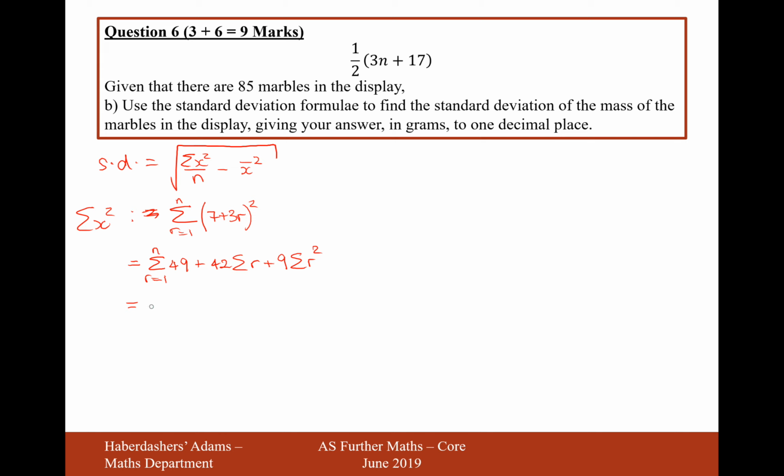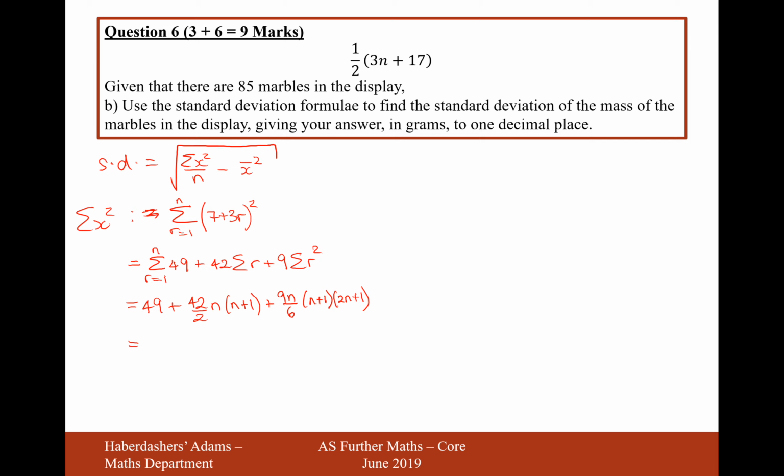So let's work this all out. Sum of 49, n lots of 49, is just 49n, plus 42 over 2, n plus 1, plus 9n over 6, n plus 1, 2n plus 1. Now we need to simplify this expression here.